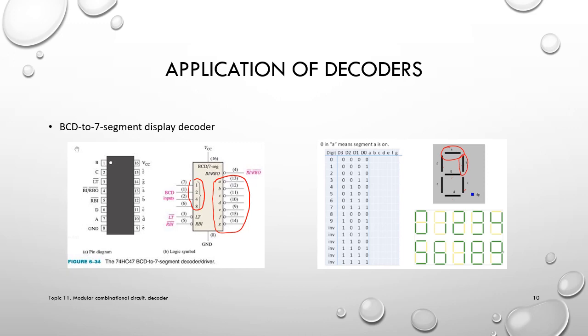Which means a 0 will turn them on, and a 1 will turn them off. Okay, so for this decoder, we will manipulate which outputs are 0 or 1, so we can turn the corresponding LEDs on and off.